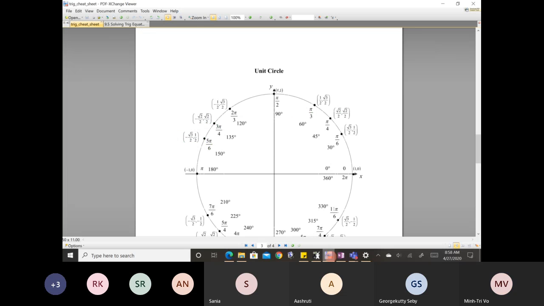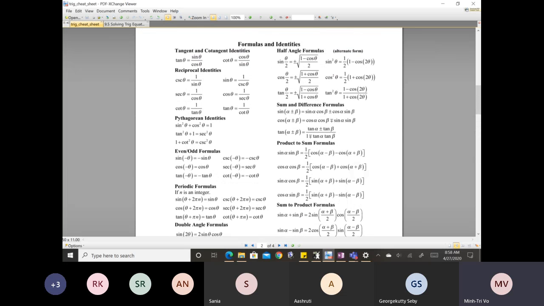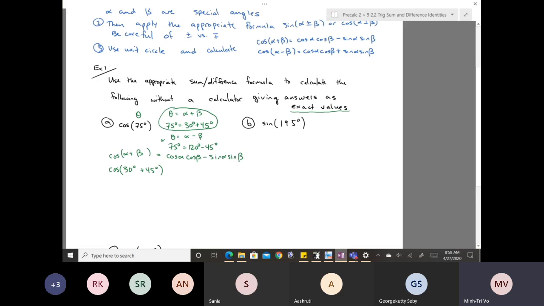If you look at the formula sheet again, for cosine alpha minus beta, the minus appears on the bottom, so I need the bottom symbol here, which is a plus: cosine alpha cosine beta plus sine alpha sine beta.